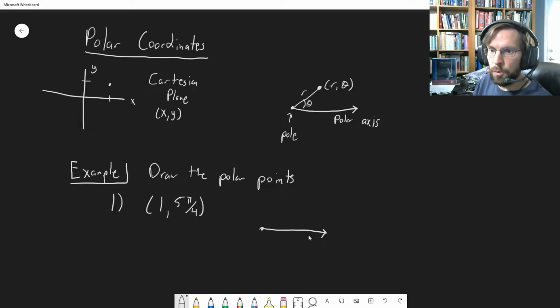Okay, so there's our pole, there's our polar axis. We need to go 5 pi over 4 from the polar axis, always going counterclockwise. Should be something like this. Here, this distance is 1. So that means if this is 5 pi over 4, that angle, then this is the point 1, 5 pi over 4.